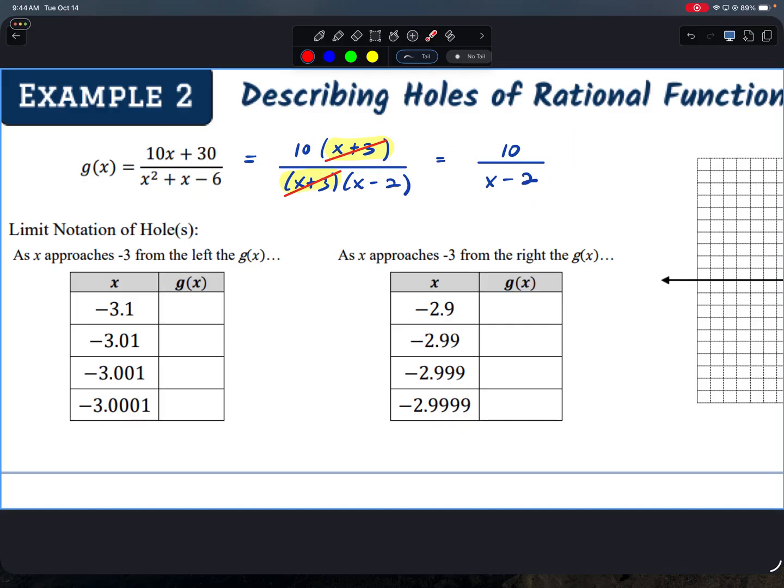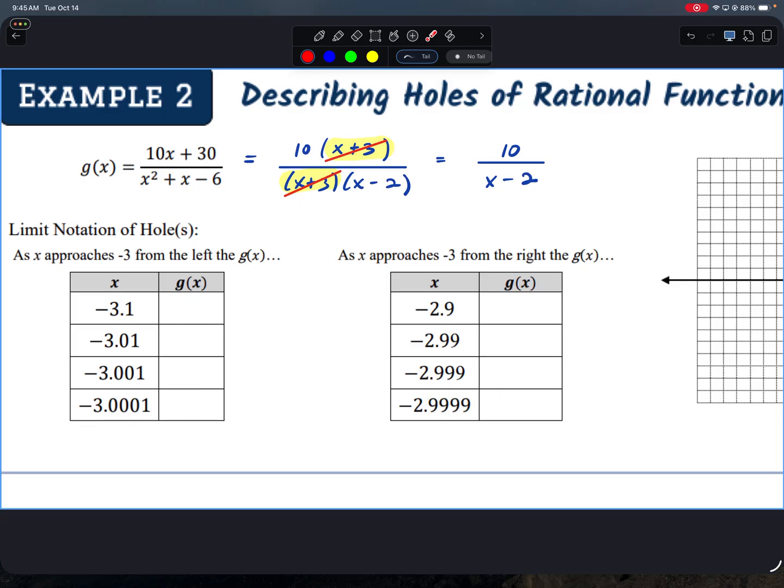Okay? Now, because we know this, do you guys see how we were able to cancel the x plus 3 to get this? So if you were to use a table feature in your calculator, the way that this is written, if you use this function or if you use this function, you should get the same numbers, okay?